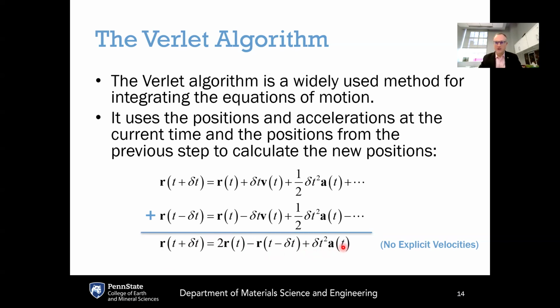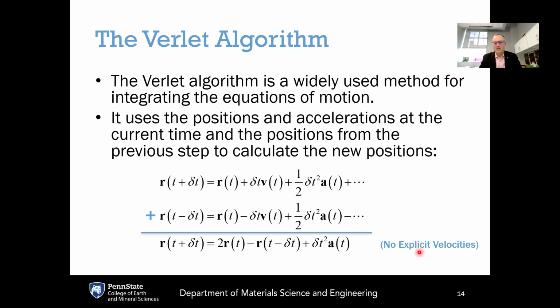One of the advantages or disadvantages of this technique is that it bypasses calculation of velocities. This is an advantage in the sense that it is very efficient computationally, but it's a disadvantage because in many cases we actually do want to know the velocities.